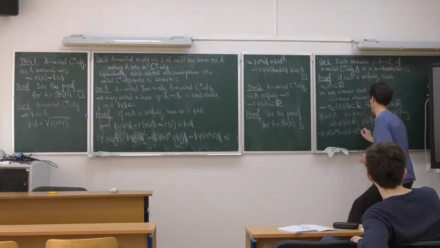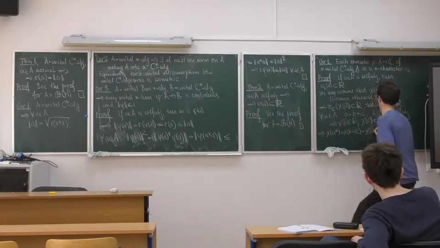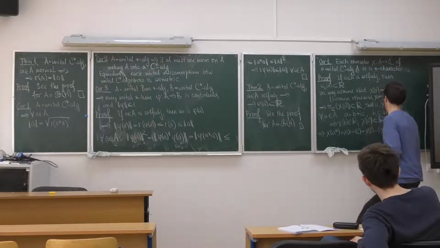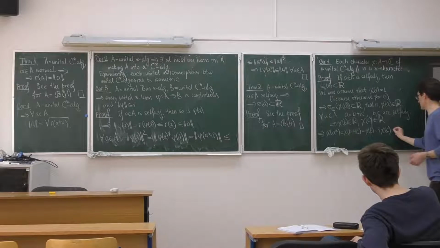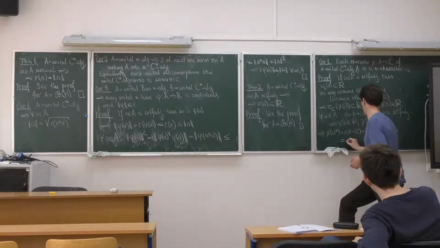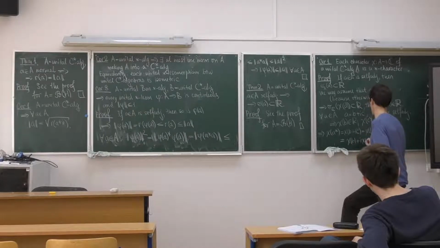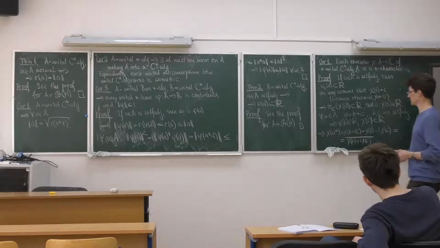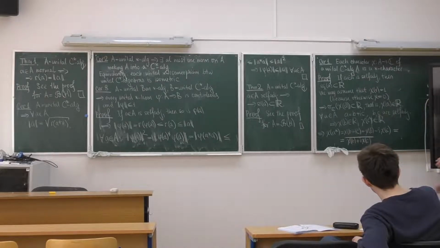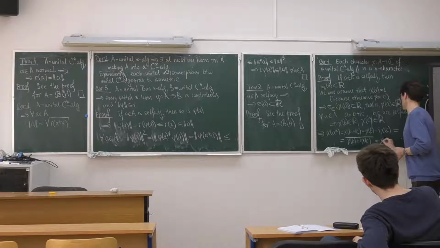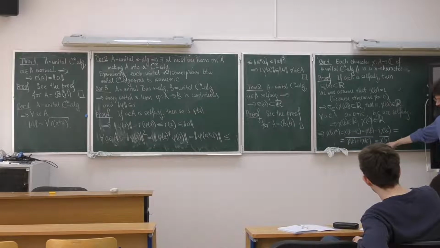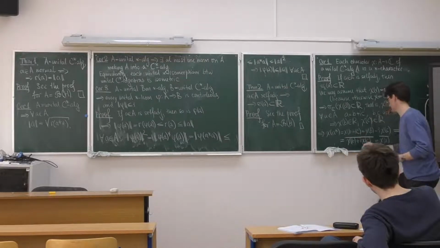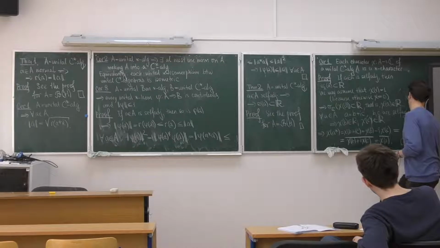So this is chi of B minus I chi of C. But since chi of B and chi of C are real, we can write this as the complex conjugate of chi of B plus I chi of C. But this is nothing but the conjugate of chi of A. And we see that chi preserves the involution. And this completes the proof.